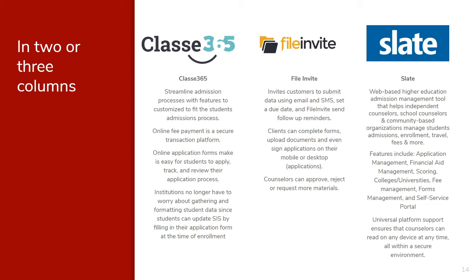Online fee payment is a secure transaction platform. Online application forms make it easy for students to apply, track, and review their application process. Institutions no longer have to worry about gathering and formatting student data, since students can update the student information system by just filling in their application form at the time of enrollment.